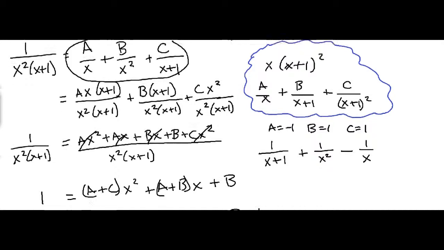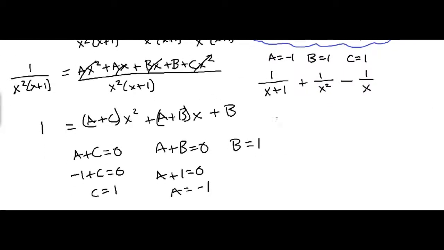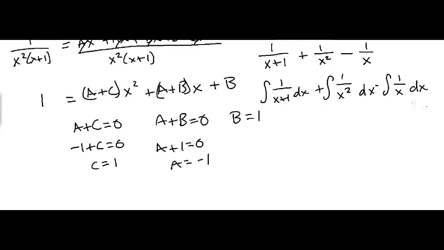Since we were originally taking the integral, now we're going to do the integral of 1 over x plus 1 dx, plus the integral of 1 over x squared dx, minus the integral of 1 over x dx.